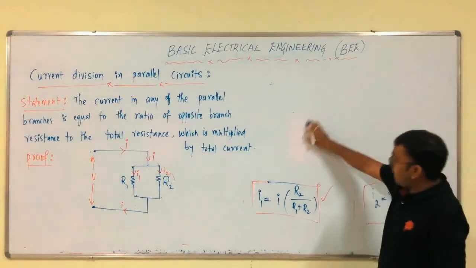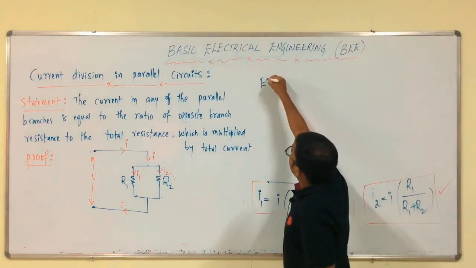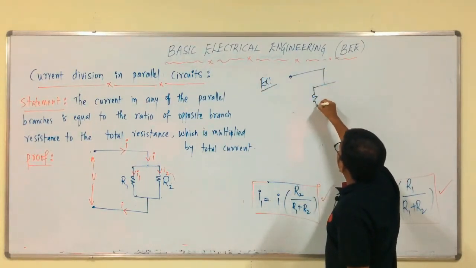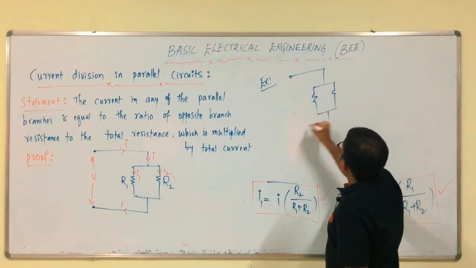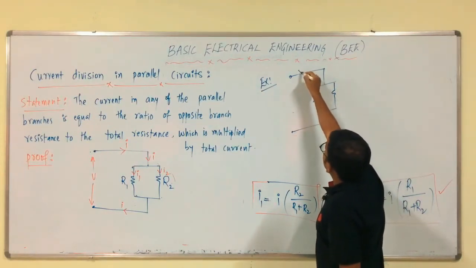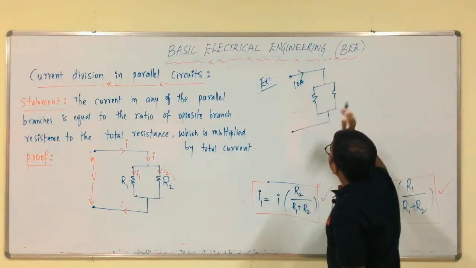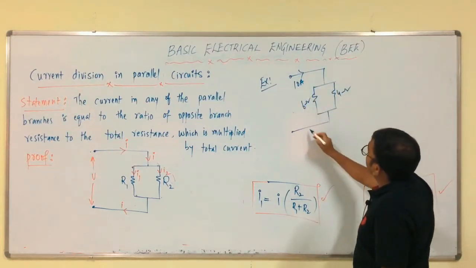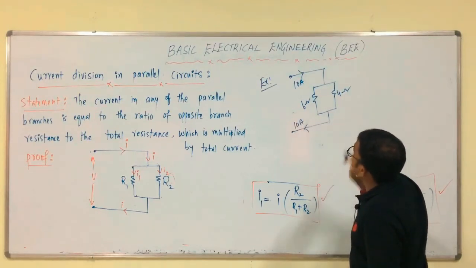So, we have to do one example. For example, the incoming current is 10 amps. This is a 6 ohm branch, this a 4 ohm branch, and this is 10 amps.